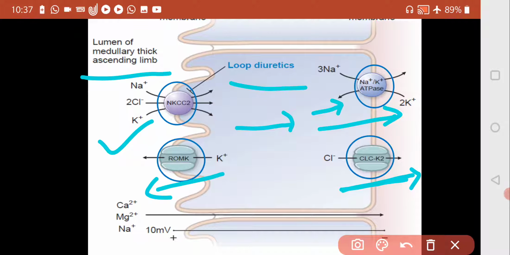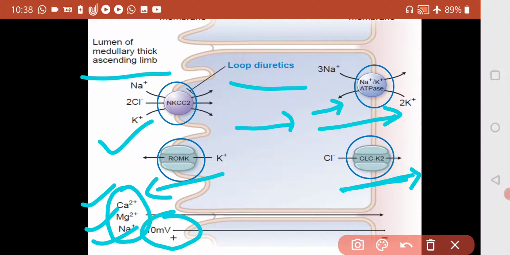So there is generation of about 10 millivolts, an intraluminal transepithelial positive voltage. So there is reabsorption of Ca2+, Mg2+ and sodium by paracellular absorption.